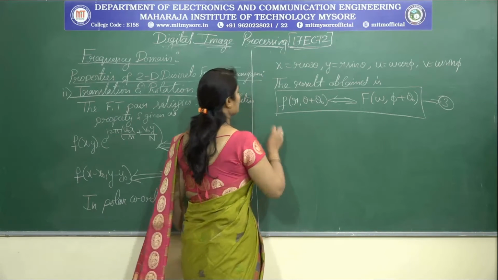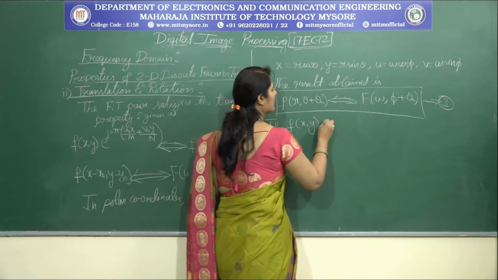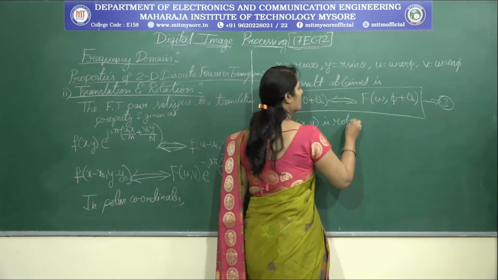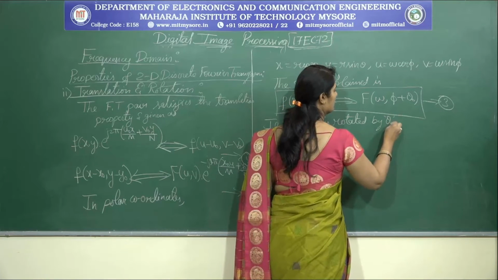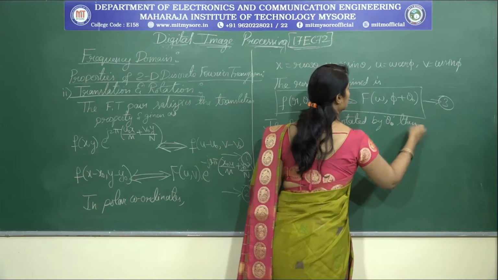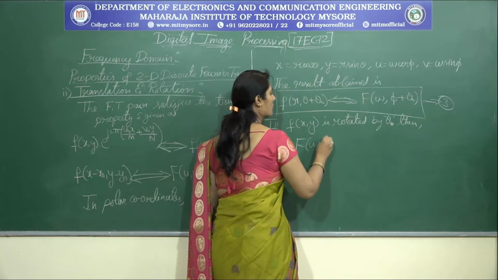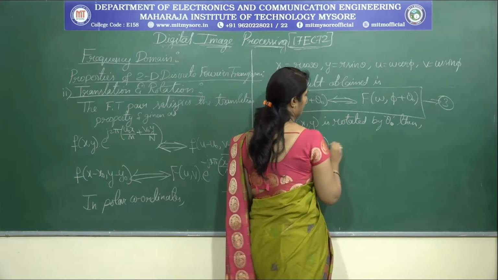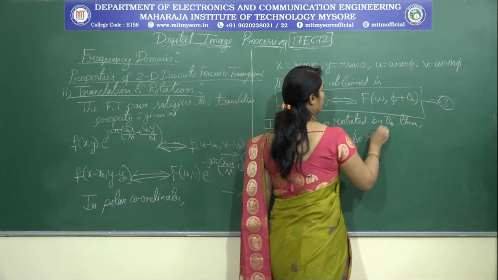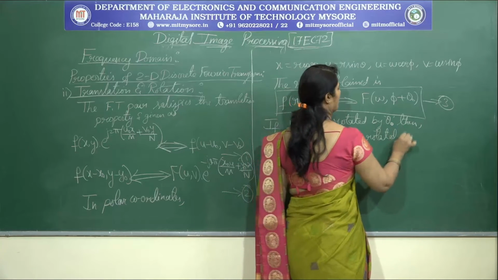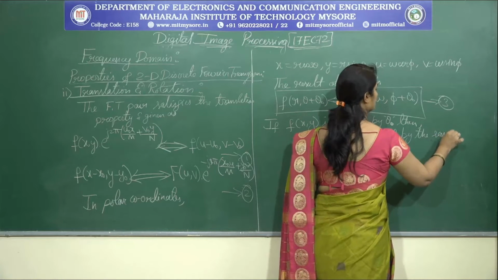So this means if f of x comma y is rotated by theta naught, then after converting into Fourier transform F of u comma v, F of u comma v is also rotated by the same angle theta naught.